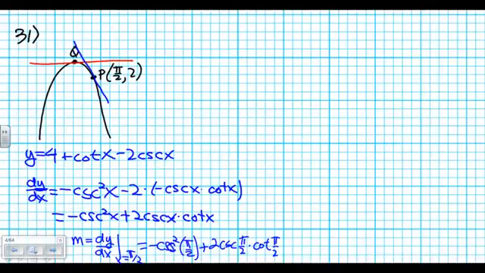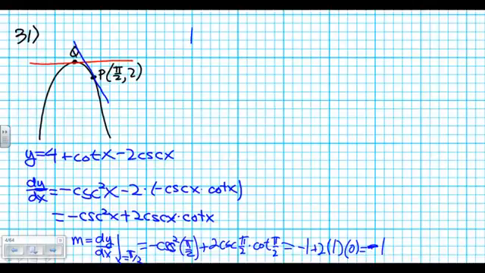Cosecant is 1 over sine, so cosecant is 1. This is going to be 1 squared with a negative in front of it, so -1, plus 2 times 1 times cotangent. Cotangent is cosine over sine, which at pi over 2 is 0 over 1, it's 0. So that goes away. All I got is -1. And that's our slope.